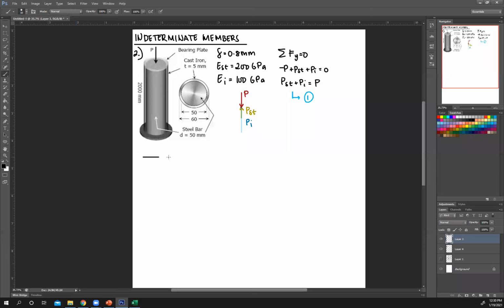So drawing the cross section of this. Let's say this is your iron, then this is your steel, and then this is your iron plating.